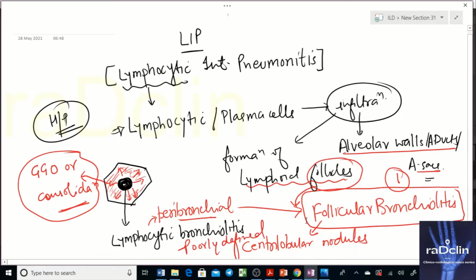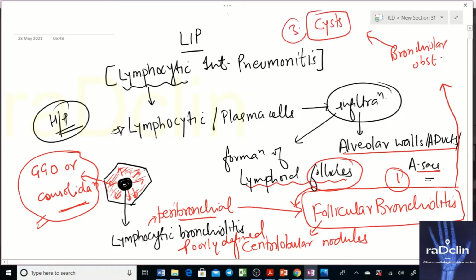So there are two things. If the infiltration is in the air spaces, it primarily causes GGO or consolidation, and if it involves the small airway causing peribronchial inflammation, it causes follicular bronchiolitis, expressed as poorly defined centrilobular nodules. Since the airway is also involved, there is a possibility of bronchial obstruction, which will give rise to formation of cysts.